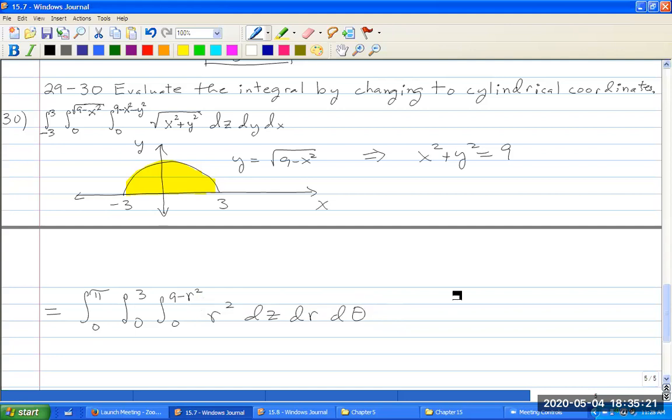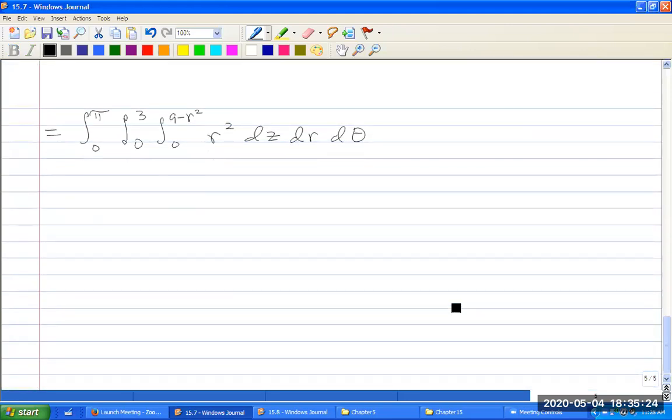And so this is equal to integral from 0 to pi, 0 to 3. Integral of r squared is r squared z, between z equaling 0 and z equaling 9 minus r squared, dr d theta.